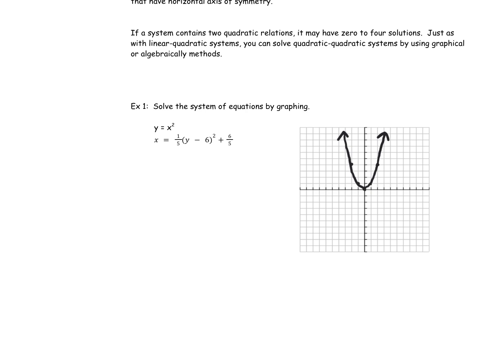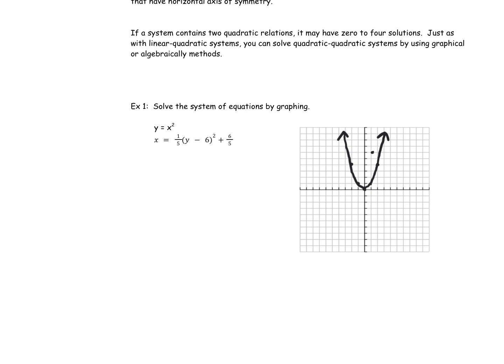So that 6/5 is actually going to be the x value of our vertex, and the negative 6, again, it's inside the parentheses, so it's opposite, so it's going to be at positive 6. So the vertex is just to the right of 1, and the y value is 6. So I've plotted that.